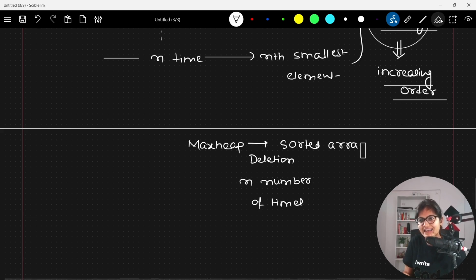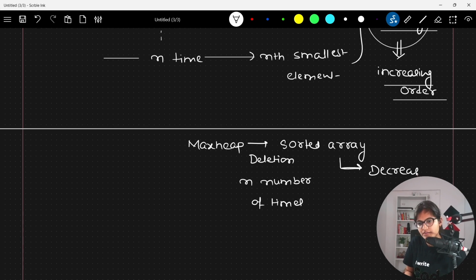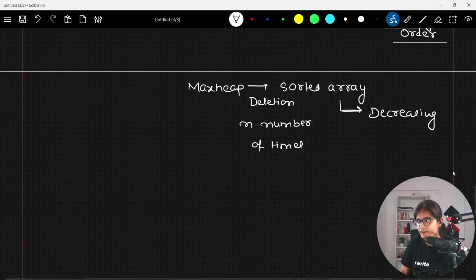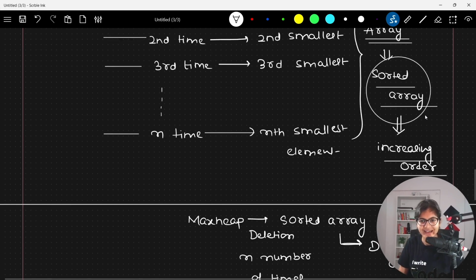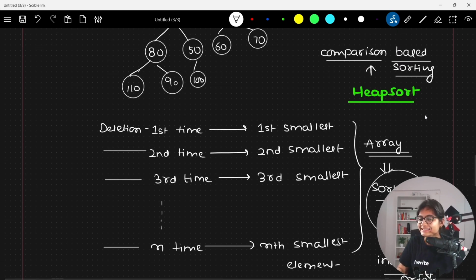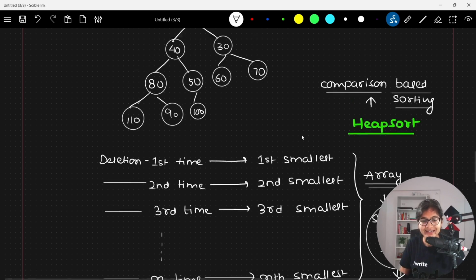But now the array fashion will be in a decreasing order. Decreasing order. So that is the ultimate thing that you need to understand. And that's the complete idea behind the heap sort algorithm that you should know, right?